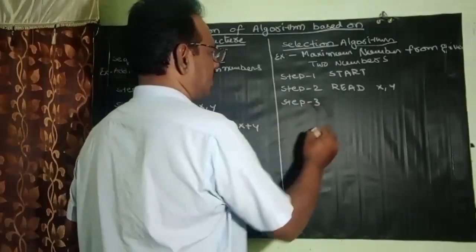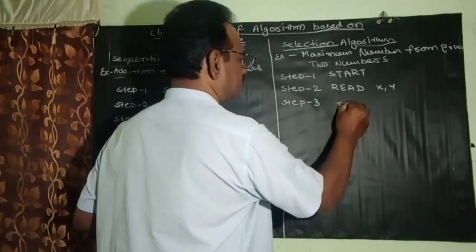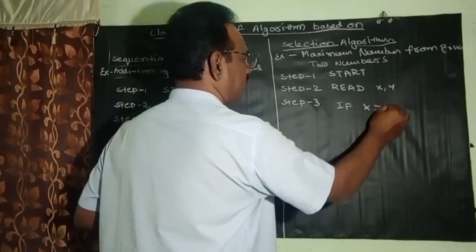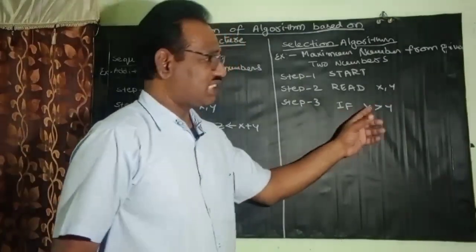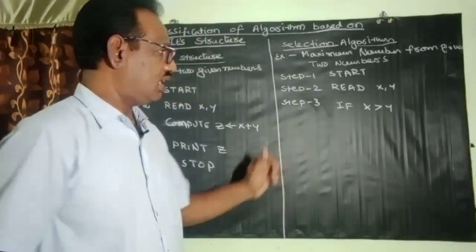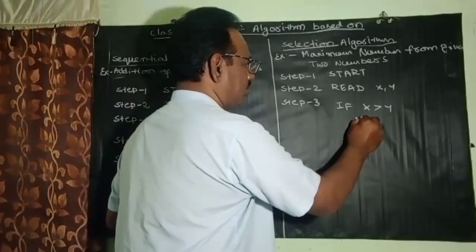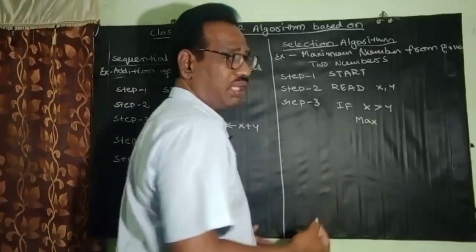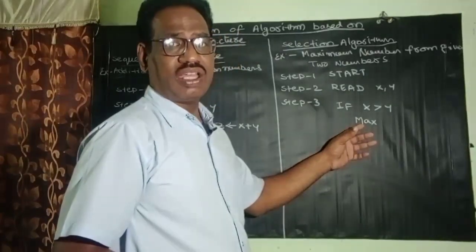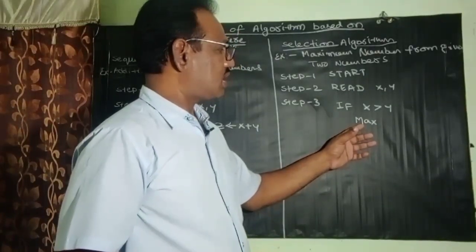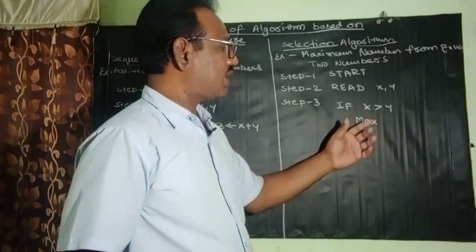So step 3, if x is greater than y. If x is greater than y, it's true, then max equal to x. Max is nothing but a variable that represents the maximum number.